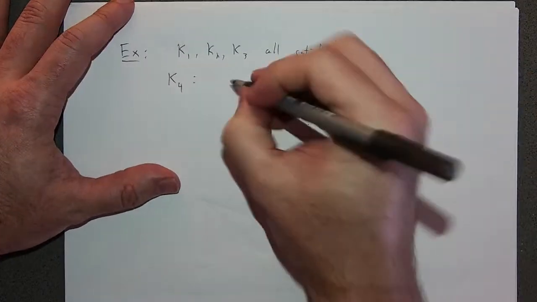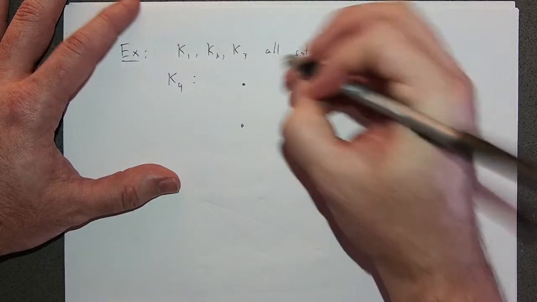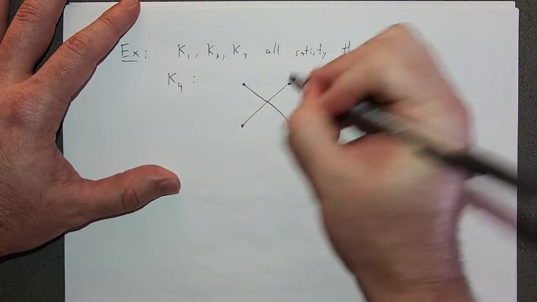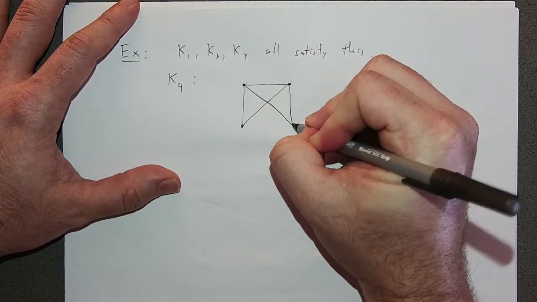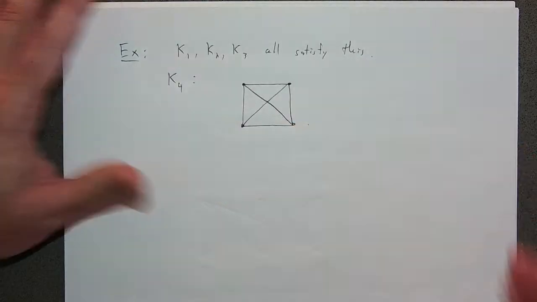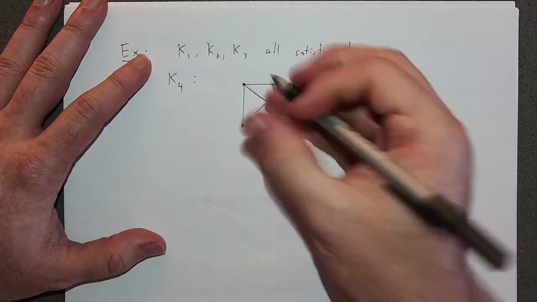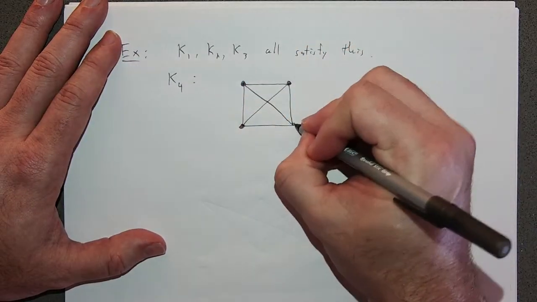So what is K4? K4 is the complete graph on 4 vertices. So let's draw it like this. There it is. Every vertex has degree 3. Every vertex is connected to every other vertex. That's K4. Okay, there it is.